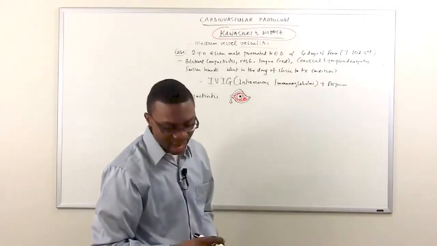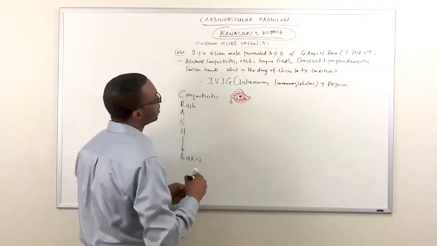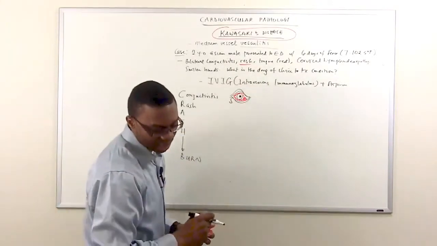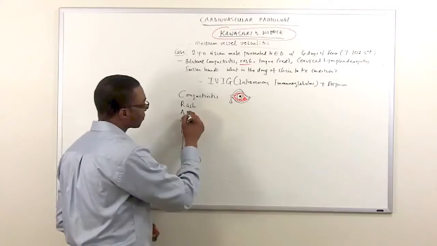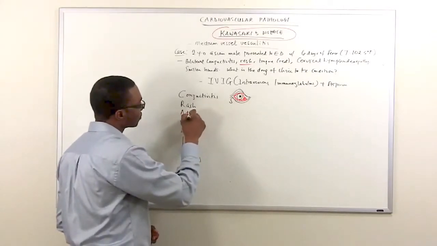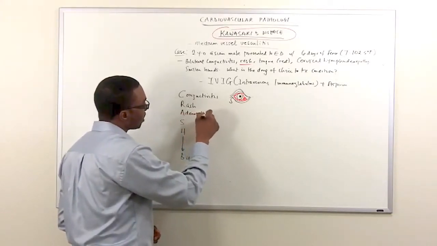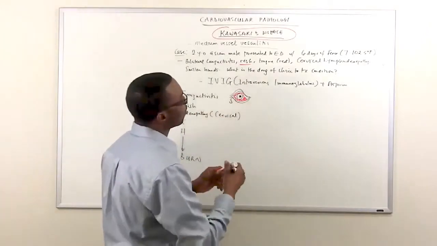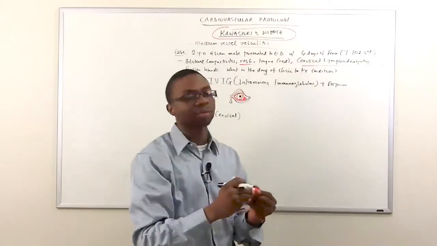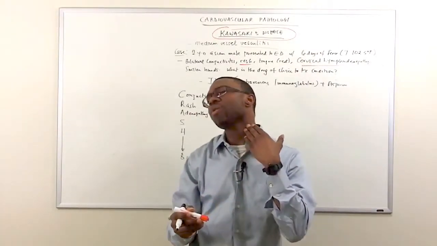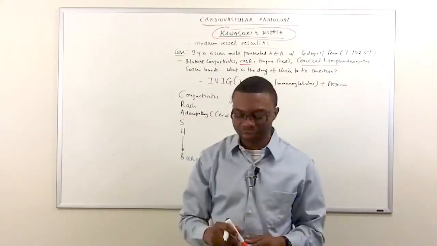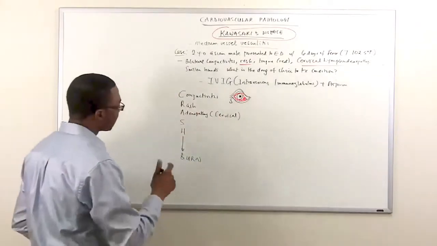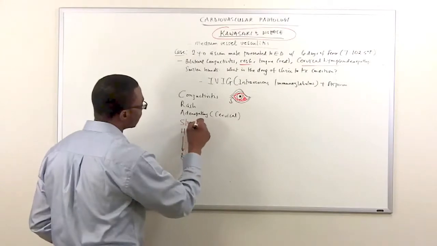And then they have a rash all over their body. That's why I told you the patient had a rash. And they have adenopathy. And what kind of adenopathy? It's cervical adenopathy. That's why I told you the patient had cervical adenopathy. So when you palpate, you feel like, oh, wow, that hurts. That's cervical lymphadenopathy. The S stands for strawberry tongue.